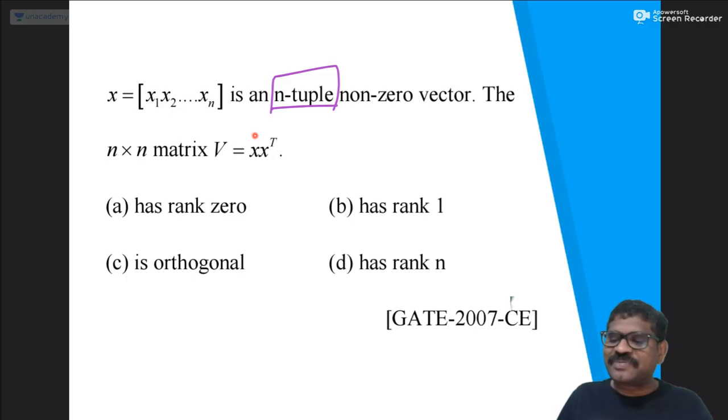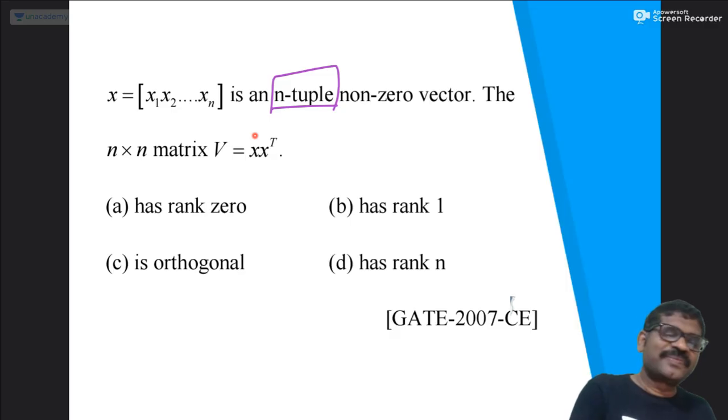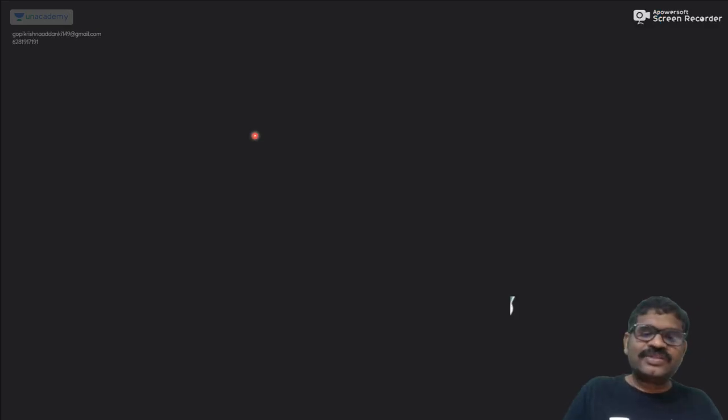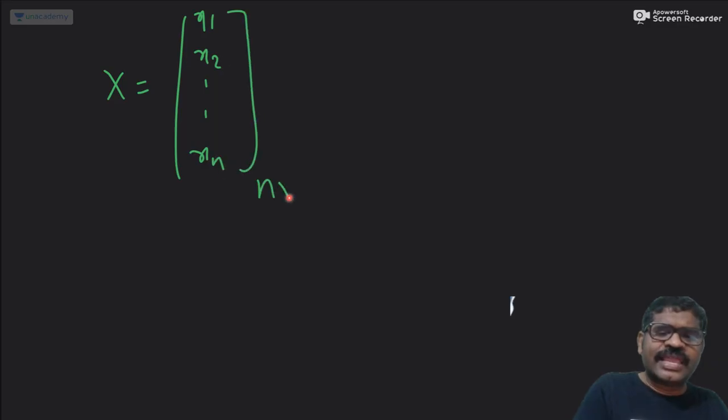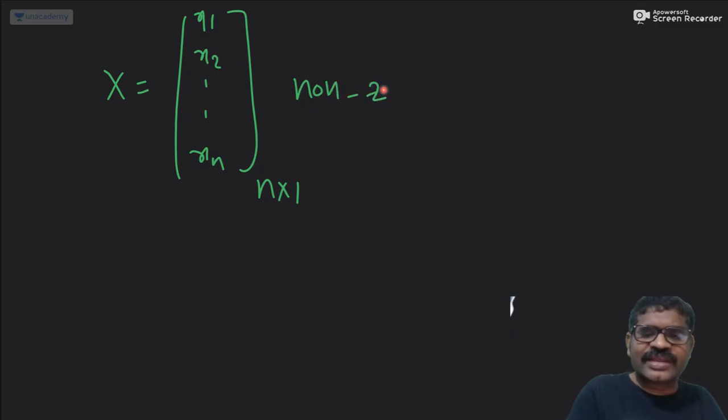That is the meaning. So X is x1, x2, x3 and so on up to xn, an n cross 1 non-zero vector.